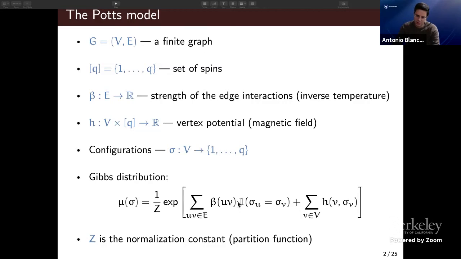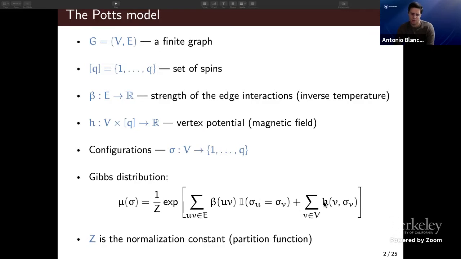So for every edge that has the same spin on its endpoints, we have this beta of the edge, and then we also go through all the vertices, and there is a factor e to the value of the magnetic field for that vertex and the spin that is assigned to the vertex.